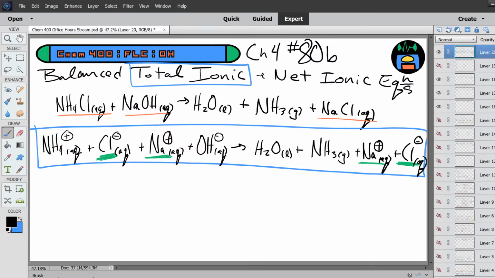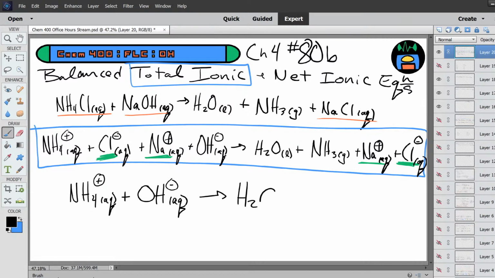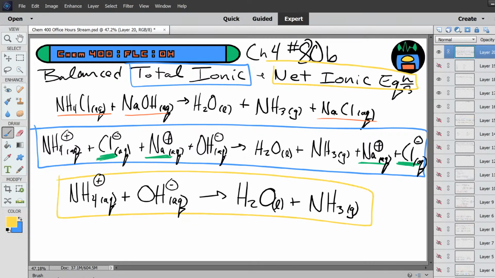So the net ionic equation for this reaction will be aqueous ammonium cations reacting with aqueous hydroxide anions to produce liquid water and ammonia gas. And this is the net ionic equation.